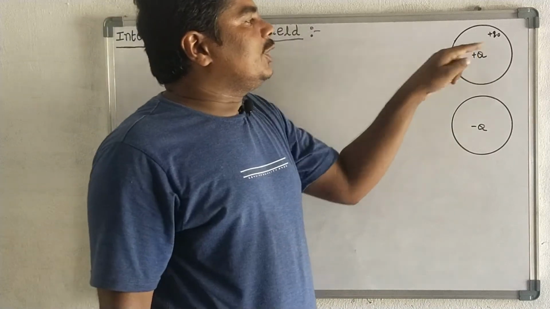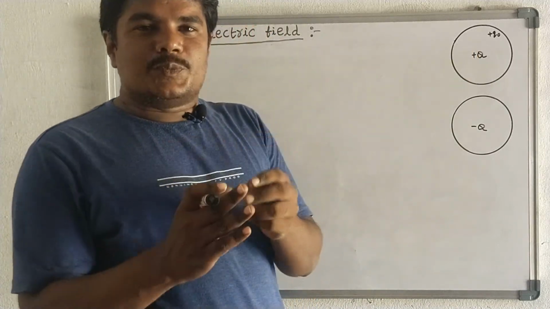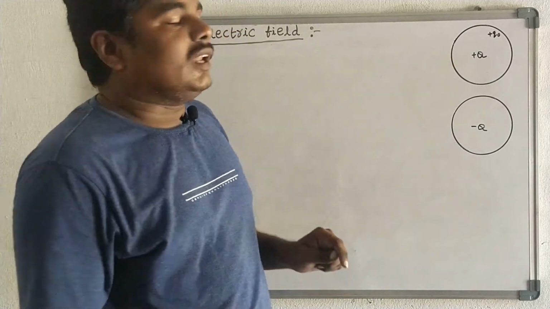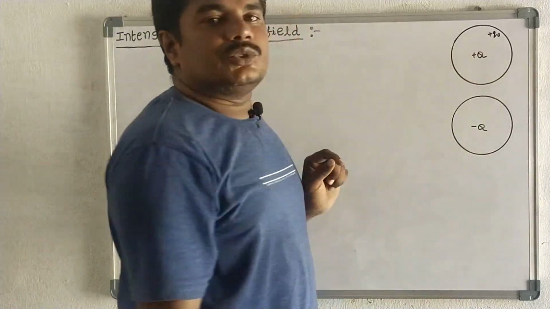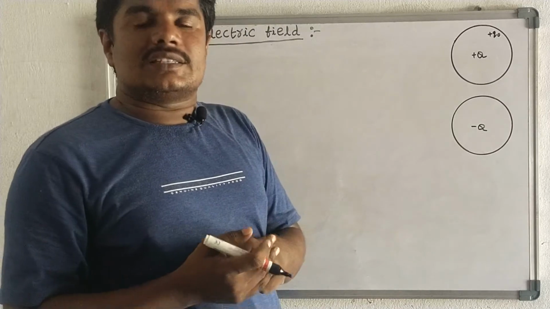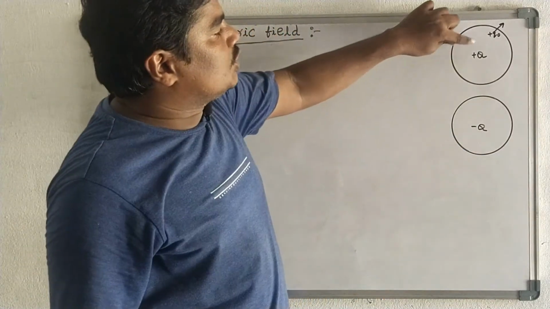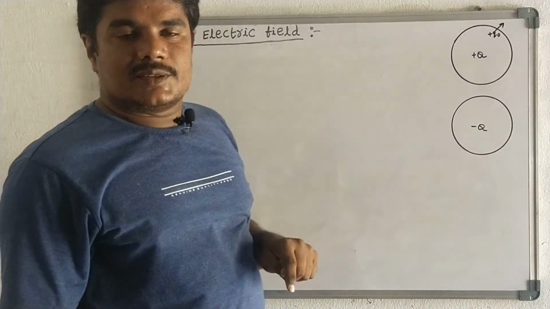If a unit positive charge is placed at any point in this electric field, then that unit positive charge experiences a repulsive force because these two are the same charges.